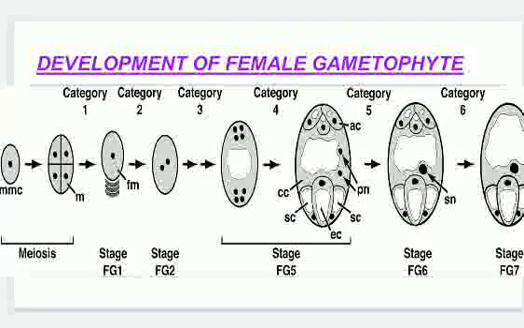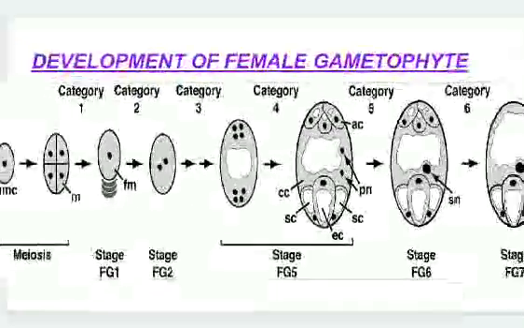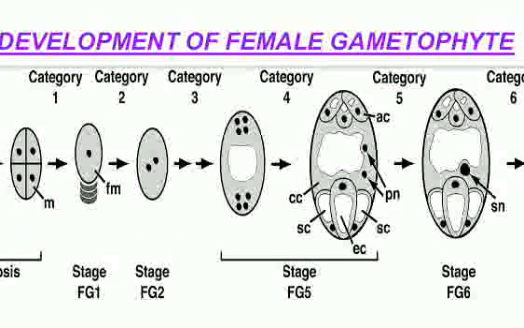Out of the 4 megaspores in a linear tetrad, usually the upper 3 degenerate and the lowermost enlarges to become the functional megaspore. That is, as you can see here, once the 4 cells were formed, the 3 degenerate and 1 develops into the megaspore.